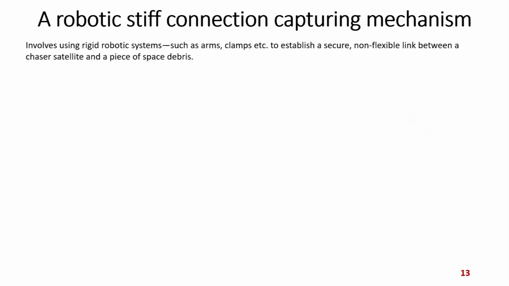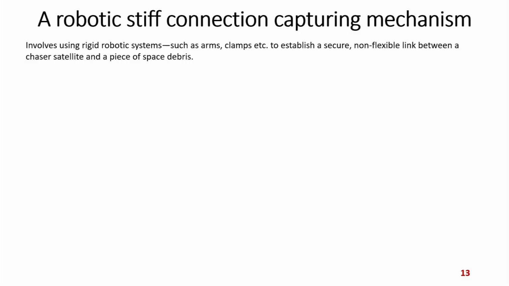Now, that involves the robotic stiff connection capturing mechanism. It involves using a rigid robotic system, it can be arms, clamps, etc., to establish a secure, non-flexible link between a chaser satellite and a piece of debris.